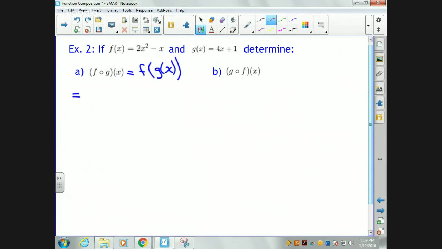So again, we're going to take g of x, and we're going to substitute it into f everywhere we see an x. So it's going to go into that x, and it's going to go into this x here. So we're going to get a result of 2 times (4x plus 1) squared minus (4x plus 1).